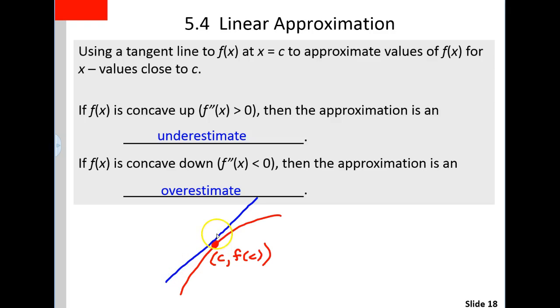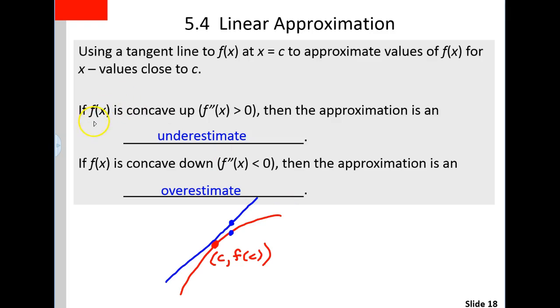And so we can use the tangent line to approximate values of the function near x equals c. For instance, let's say we had this value over here, and we wanted to approximate it. We could use the point on the tangent line to approximate the value of this point because they are close to each other. However, this curve happens to be concave down.